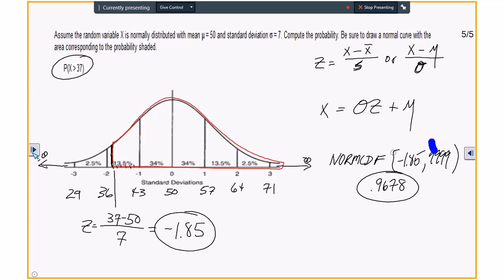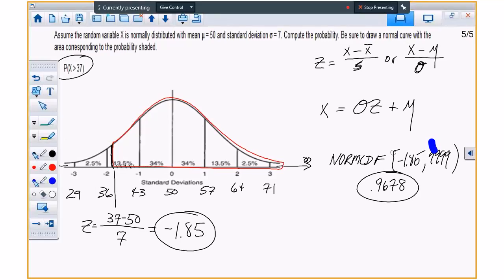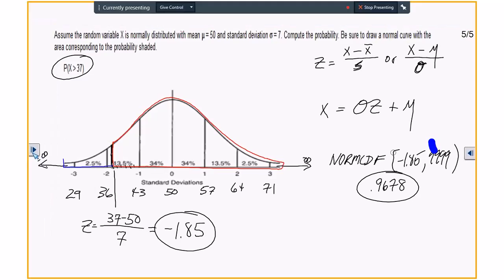And of course, if you were using the table, you would look up negative 1.85 or whatever this is right here, and that would give you the left-hand side, and then you would subtract it from what? 1. 1 minus the left-hand side is equal to the right-hand side.